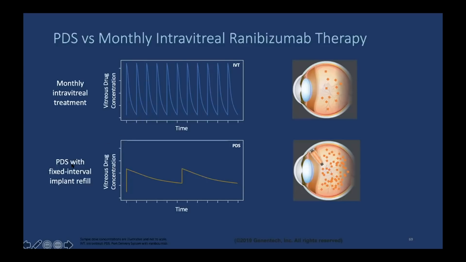Whereas with the port delivery system, which is refilled every 6 months or less frequently, there's constant diffusion from the refill, from the port into the vitreous, and it allows a more slow decline in the concentration of the ranibizumab. And this can theoretically reduce fluctuations in the amount of fluid in the retina and improve control of the macular degeneration.